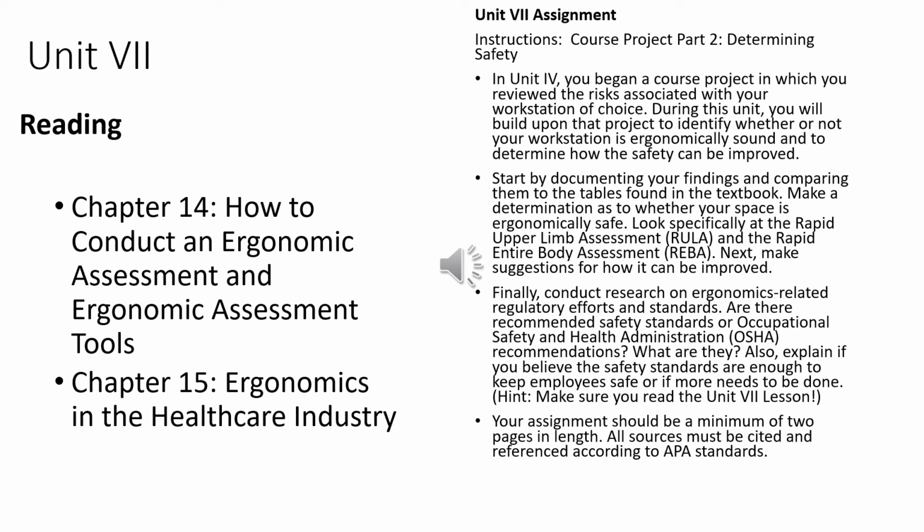Are there recommended safety standards or Occupational Safety and Health Administration recommendations? What are they? Also explain if you believe the safety standards are enough to keep employees safe or if more needs to be done. Hint: make sure you read the Unit 7 lesson in the course study.